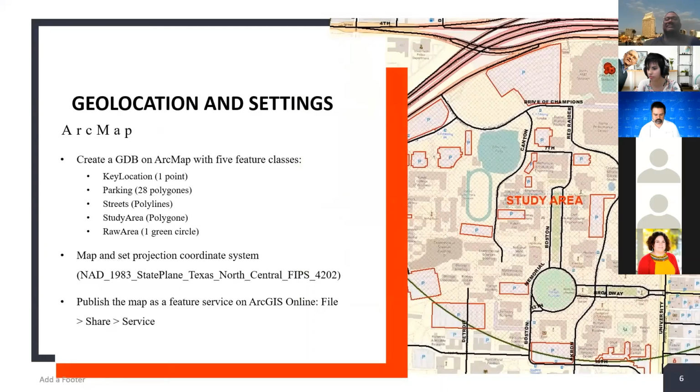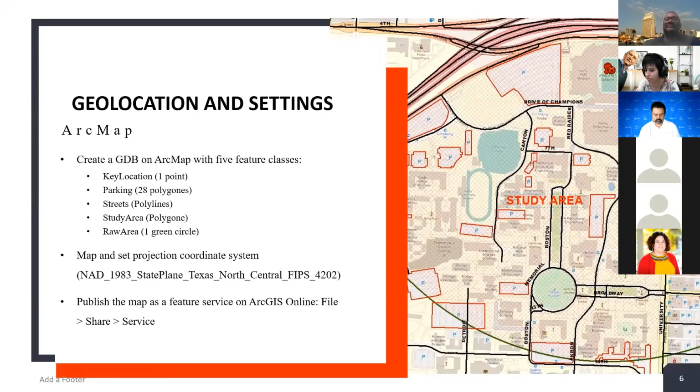I had my parking feature class, which is a polygon feature class with 28 polygons inside. I have a street feature class, which is a polyline feature class, a study area feature class, which is a polygon also, and a rural area feature class, which is represented by the green circle.